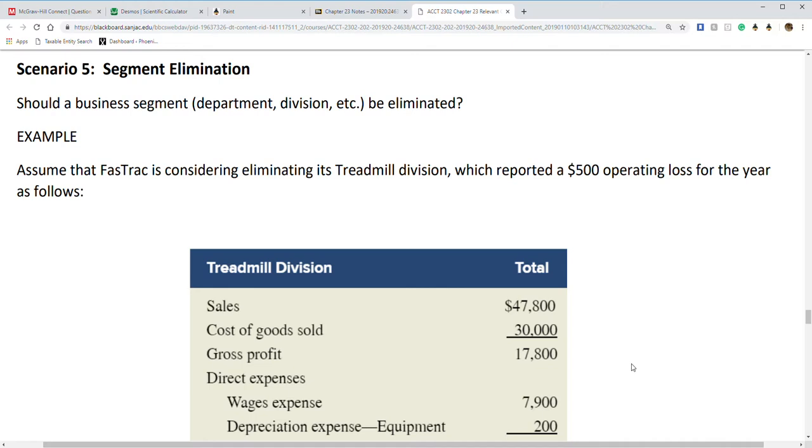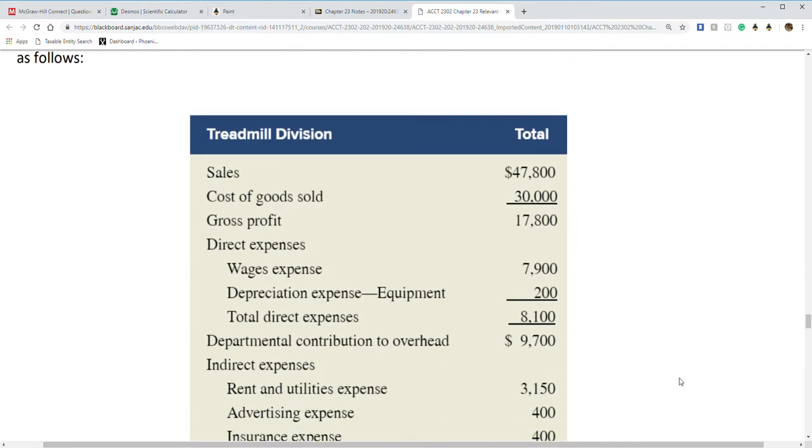So right now, Fast Track is considering eliminating its treadmill division, which reported a $500 operating loss for the year. Oh wow, only 500. But Fast Track makes cost of $1 of stuff and sells product for $10. So 500 may actually be a lot to them.